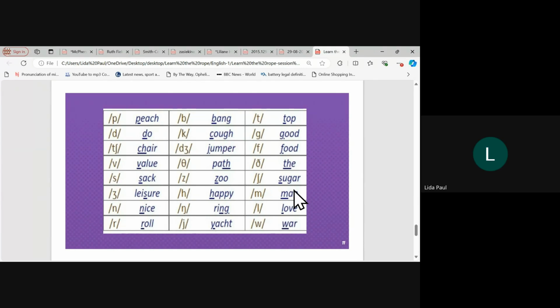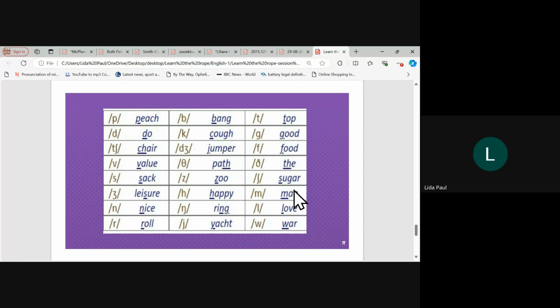That's all right. But there is confusion between the two. One is this sound in the word leisure, and second, the third word in the second column, jumper. Jumper. This is a j sound.